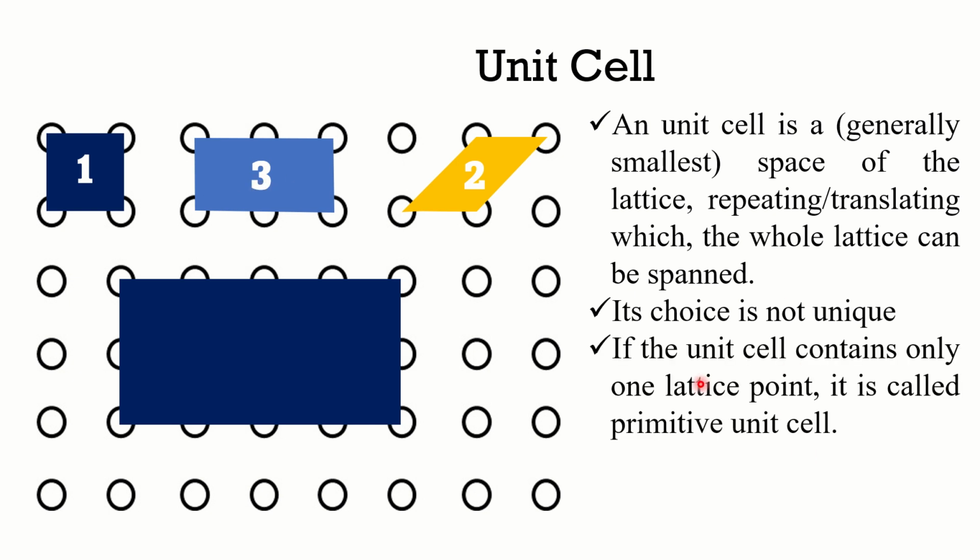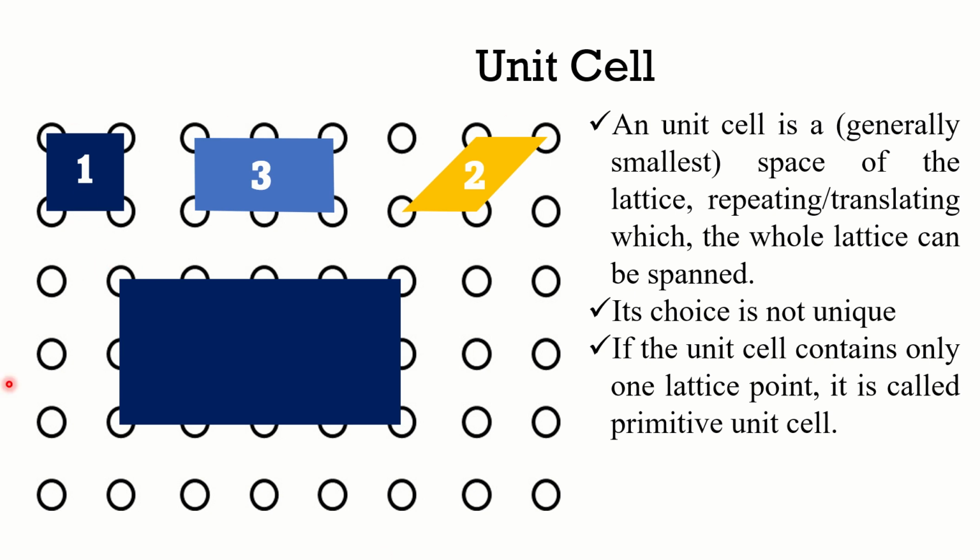Now, if the unit cell contains only one lattice point, it is called a primitive unit cell. What does it mean? For example, suppose I consider this point. This point is shared by this unit cell. If I consider one unit cell here, this is shared by this one also, by this unit cell also, and by this unit cell also.